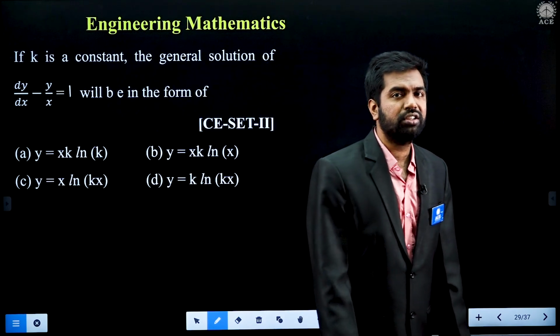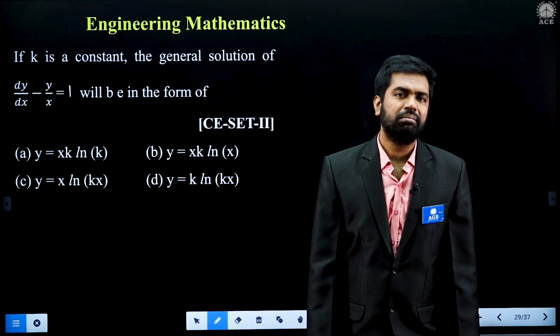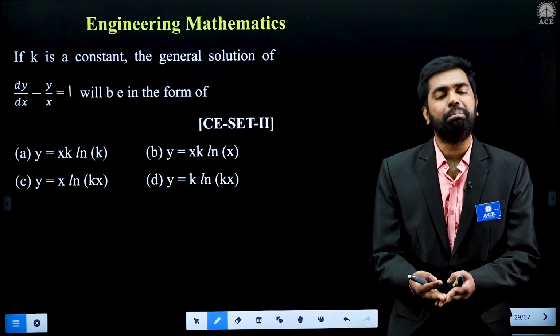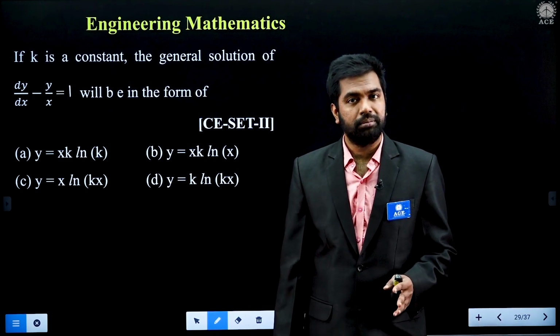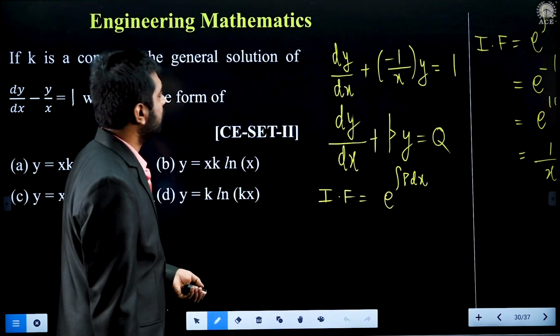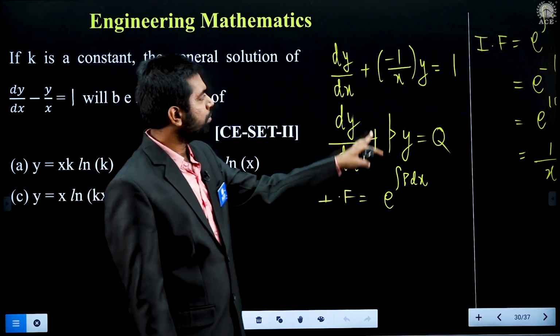So now it's a very standard differential equation. You have to find the integrating factor. The integrating factor is simply e power integral p dx. We also have the direct solution for this. I compared this with this, got p value as minus 1 by x.